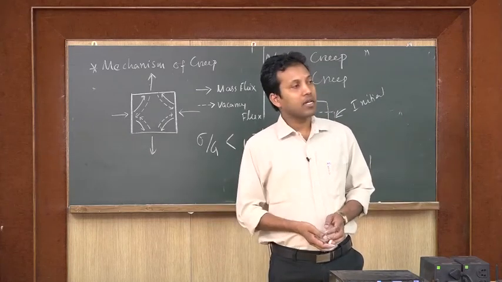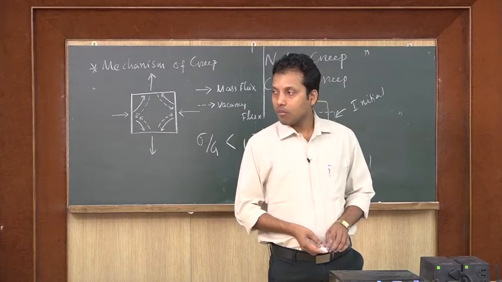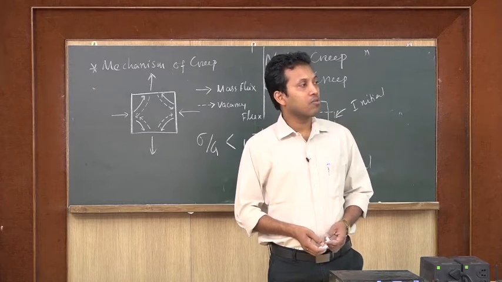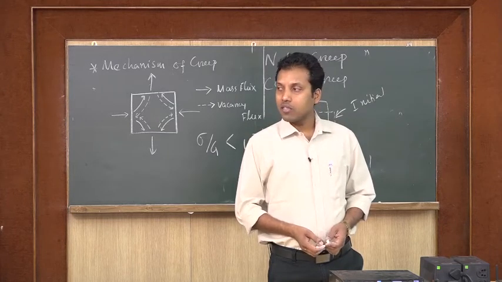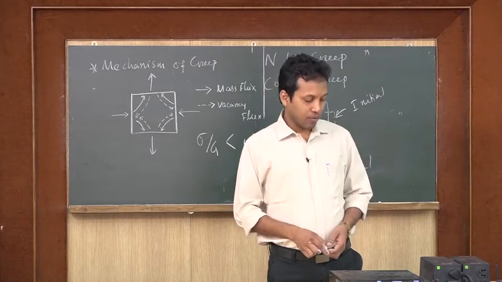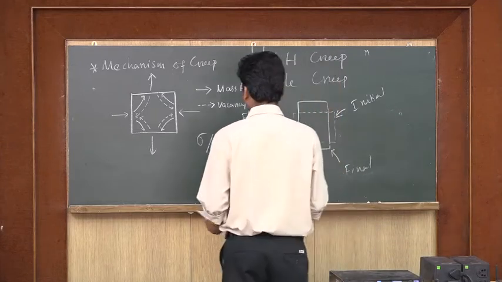So, we have to compare in terms of sigma by G, which is normalized with the shear modulus. So, in these stress ranges Nabarro-Herring creep occurs. Okay. And for that I have a particular equation of creep rate.